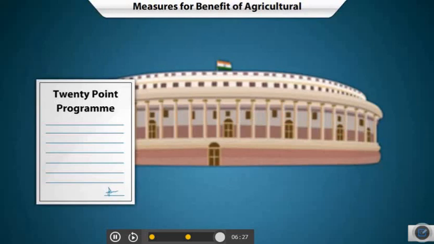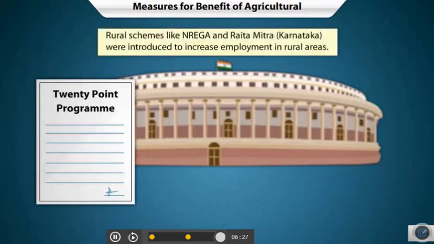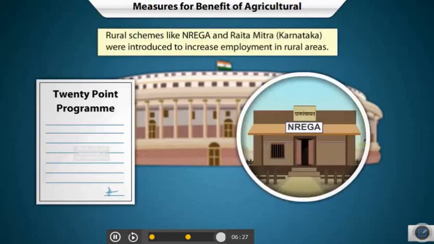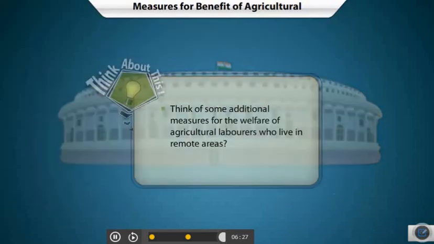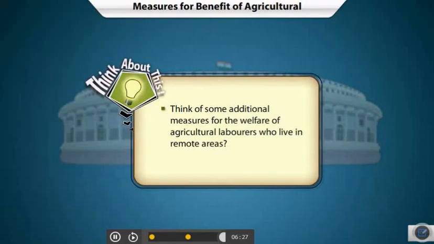Several national and state-level employment schemes, such as the National Rural Employment Guarantee Act (NREGA) and Raitra Mitra, were introduced for improving rural employment opportunities. Think about this and discuss.